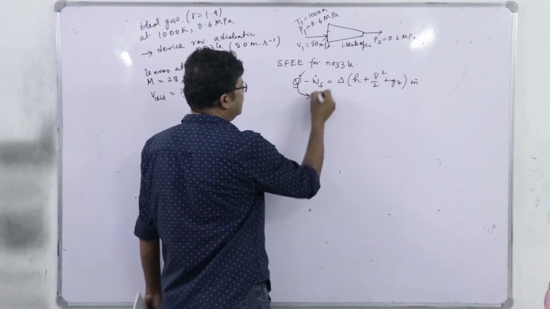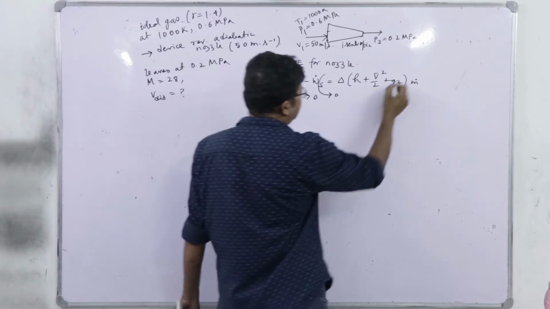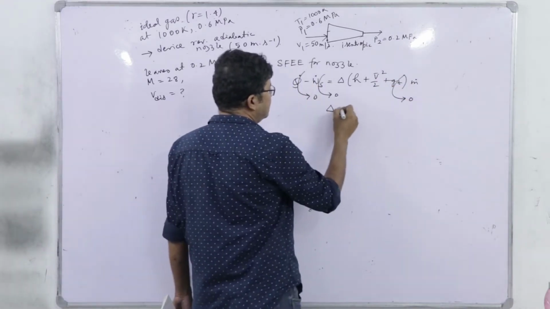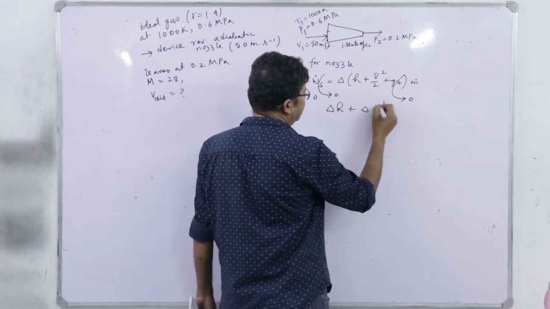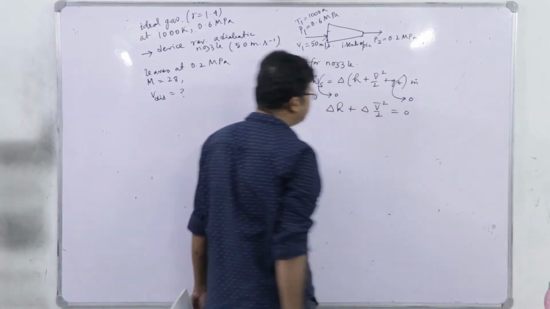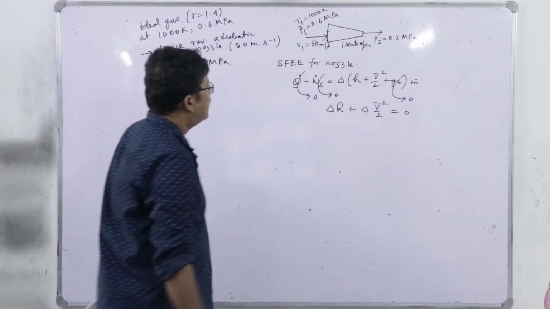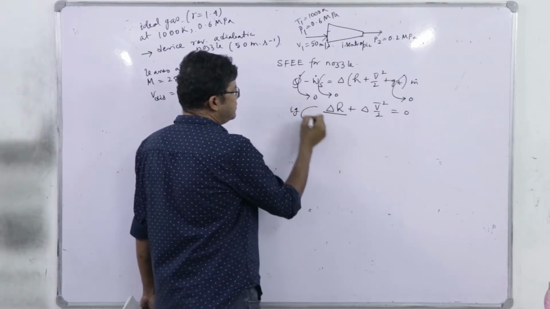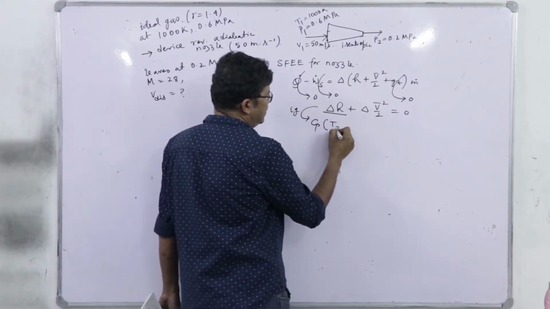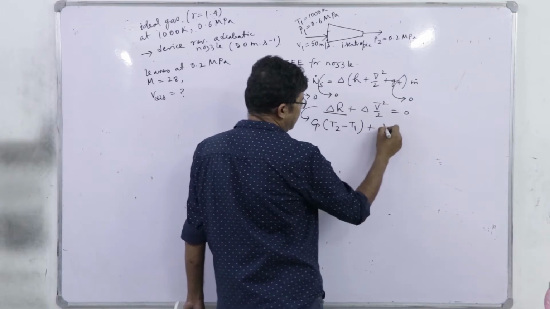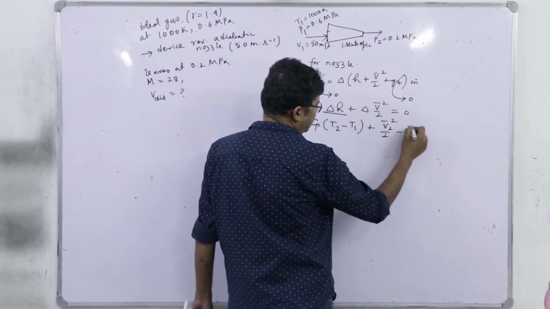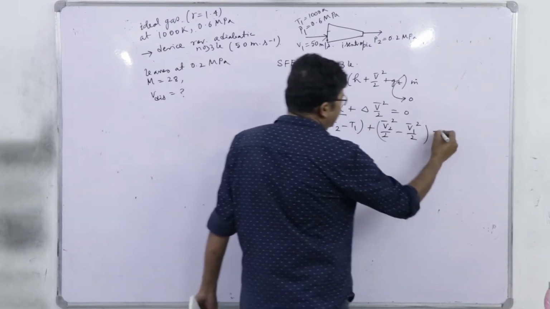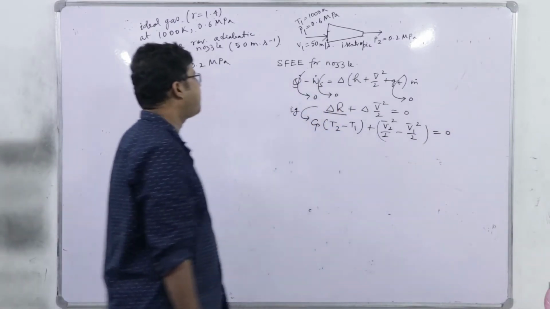Now, Q dot is 0, W dot S, no shaft work, no change of datum level. So, delta of H plus delta of V square by 2 equal to 0. Now, delta of H, as it is an ideal gas, we can write Cp into T2 minus T1 plus (V2 bar square minus V1 bar square) by 2, that is equal to 0, right.